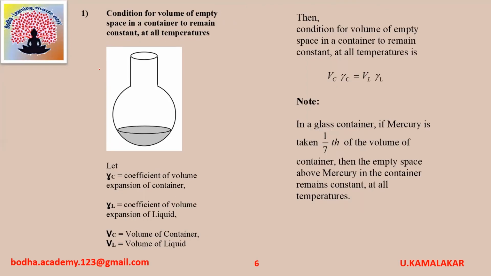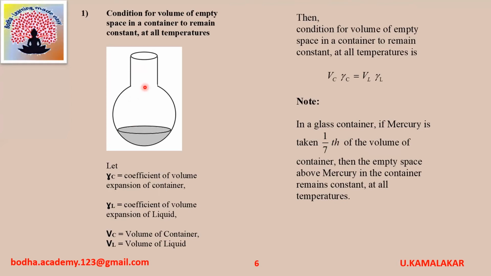Next topic, condition for volume of empty space in a container to remain constant at all temperatures. Let gamma C be coefficient of volume expansion of container, gamma L be coefficient of volume expansion of liquid, Vc be volume of container, Vl be volume of liquid. You can observe that this is the empty space.